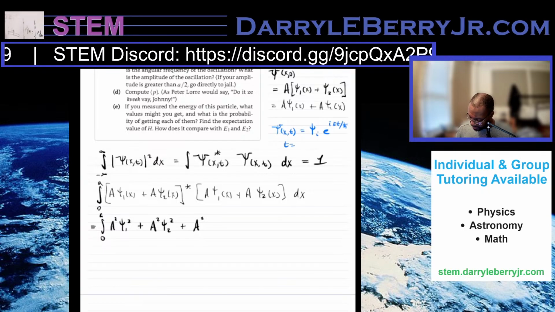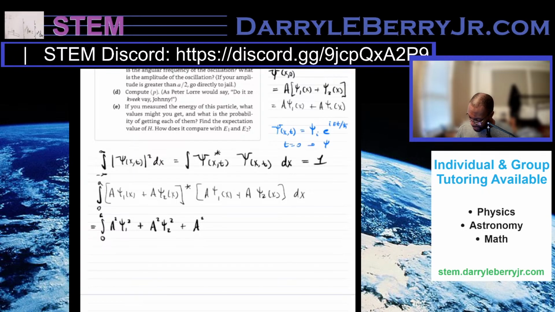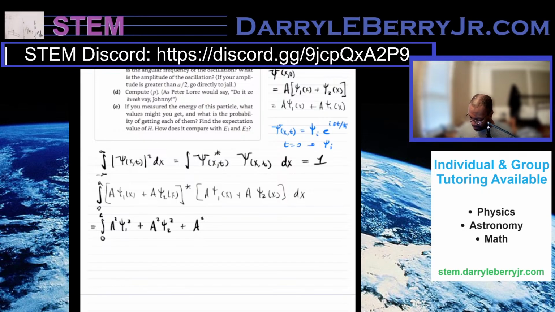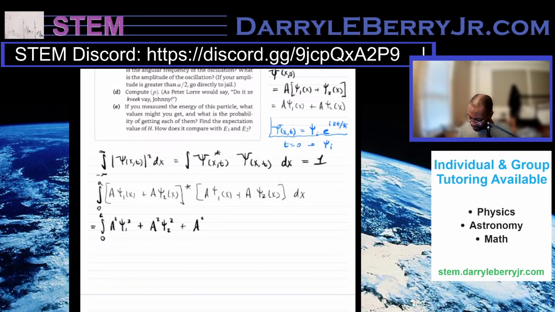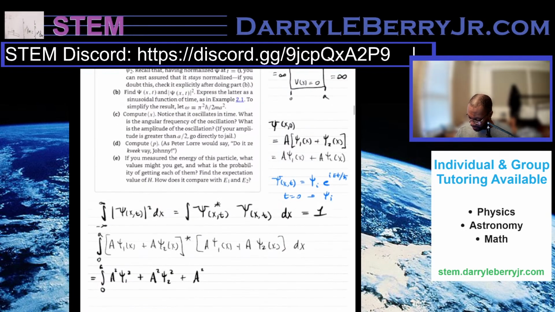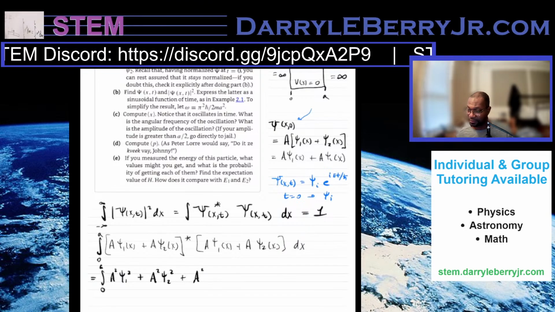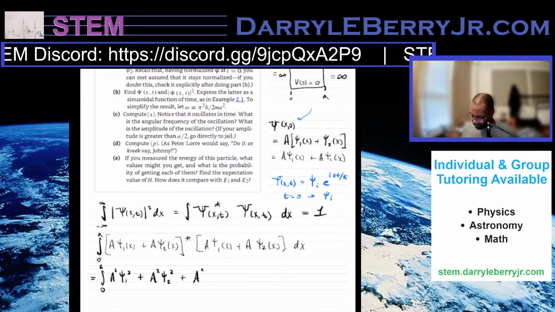But at t equals 0, you just get psi i. So that's what's going on here. Basically, this will be the full equation, the full psi of x and t. But it specifically said psi of x at 0, the initial state.